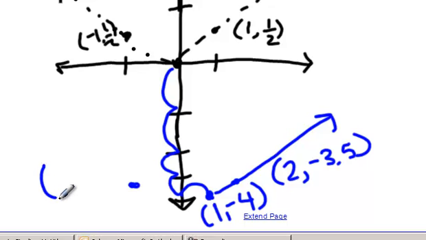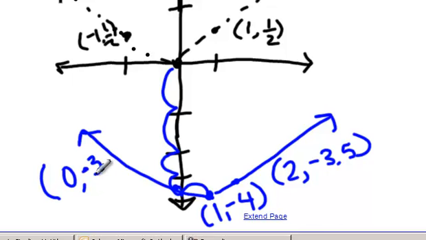And I'm at, whoa, that's a little far off. I'm at 0, 1/2, and there it goes. So this point is at 0, negative 3.5.